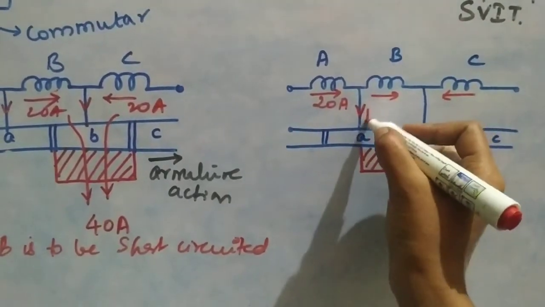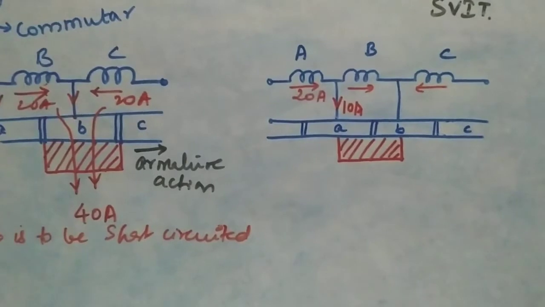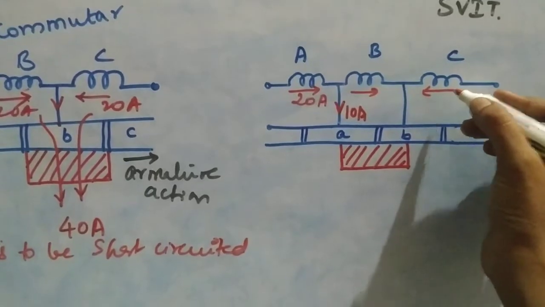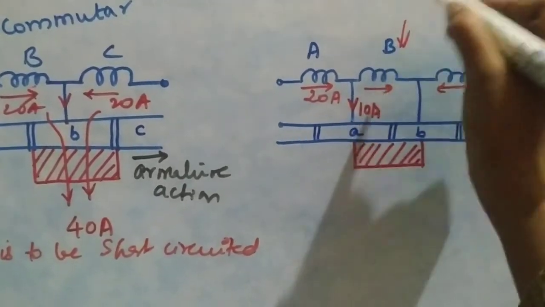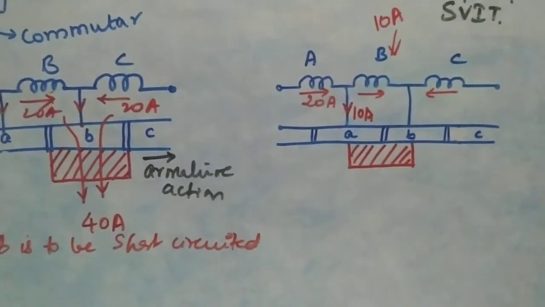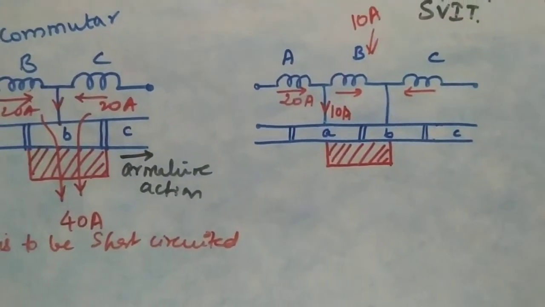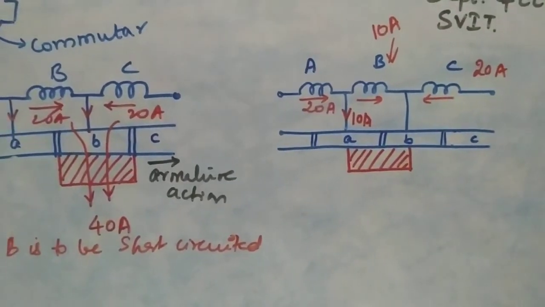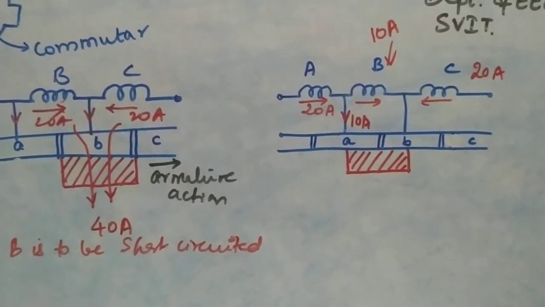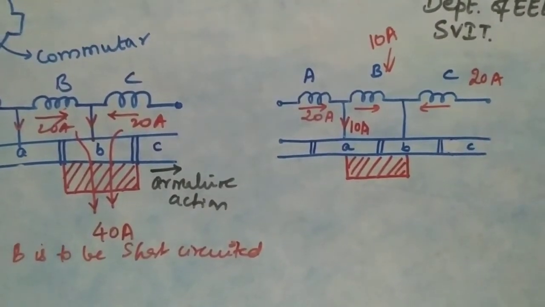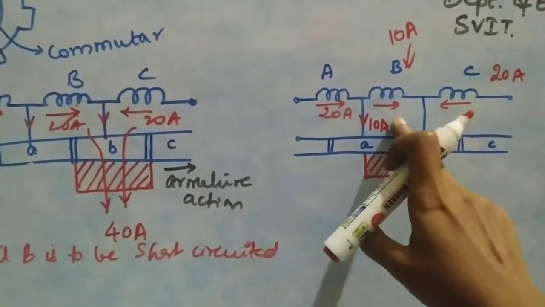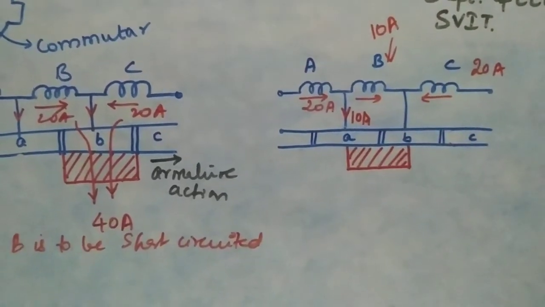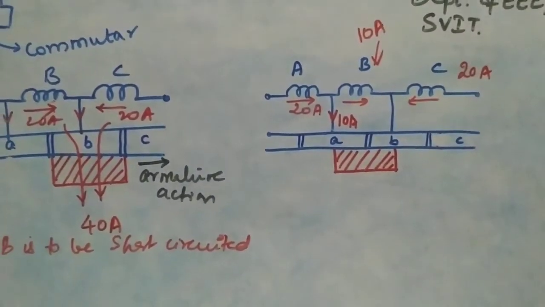Let me assume it is reduced to 10 amperes, so the current flowing in coil B becomes 10 amperes, and here as usual 20 amps will flow in coil C. It is affecting coil B because it is undergoing the short circuit period. So 10 amperes of current is flowing at this point, and 10 amperes will be flowing in the other direction. It is getting divided. Okay, fine.